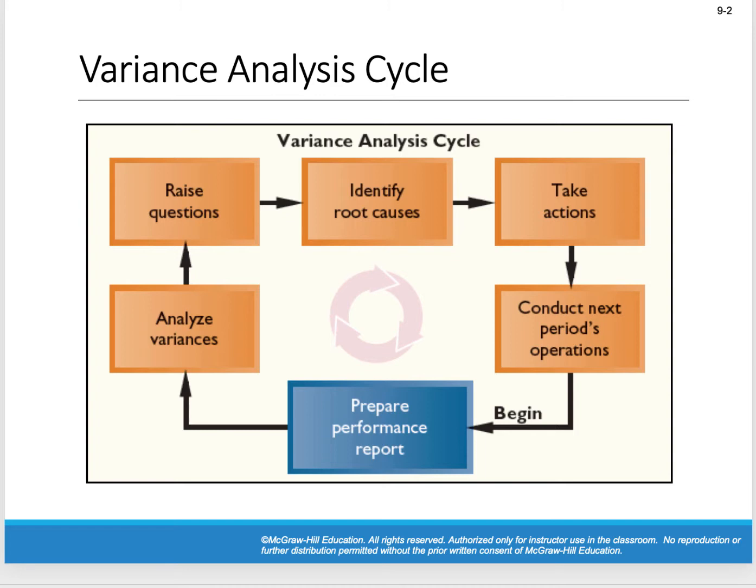We ask questions, right? Why was our salaries expense higher than what we planned, right? So we start asking questions based on those variances. And then what we need to do is we need to identify, hopefully, what caused that variance.